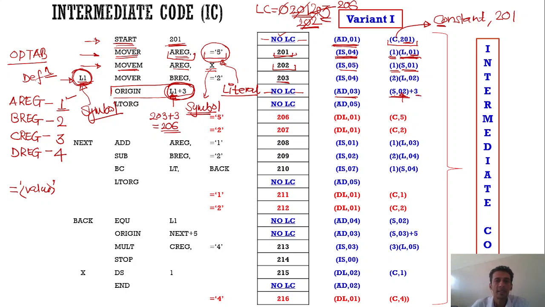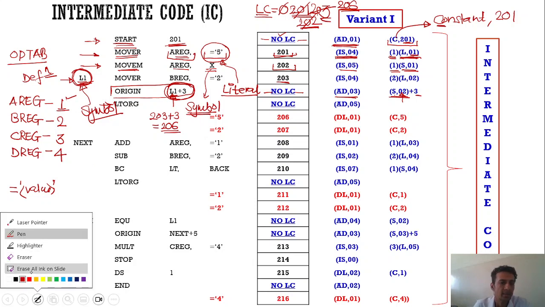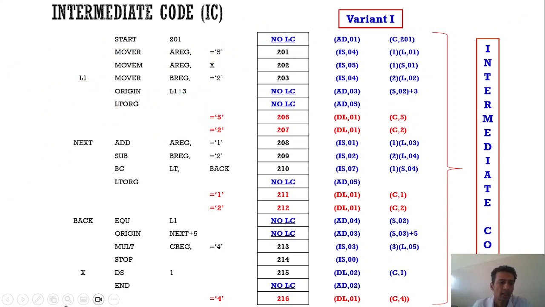Okay, now the next instruction is LTORG. Let us just remember LC is 206, and let me remove all the ink. So our LC is 206 right now, and we are at the LTORG statement.